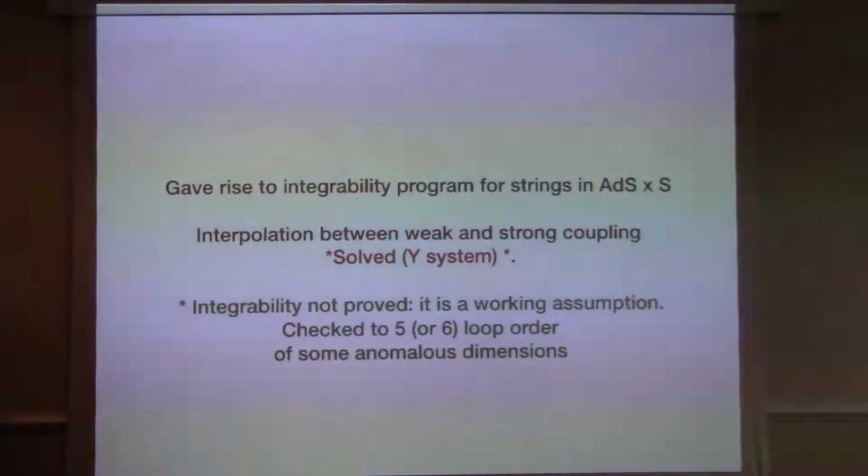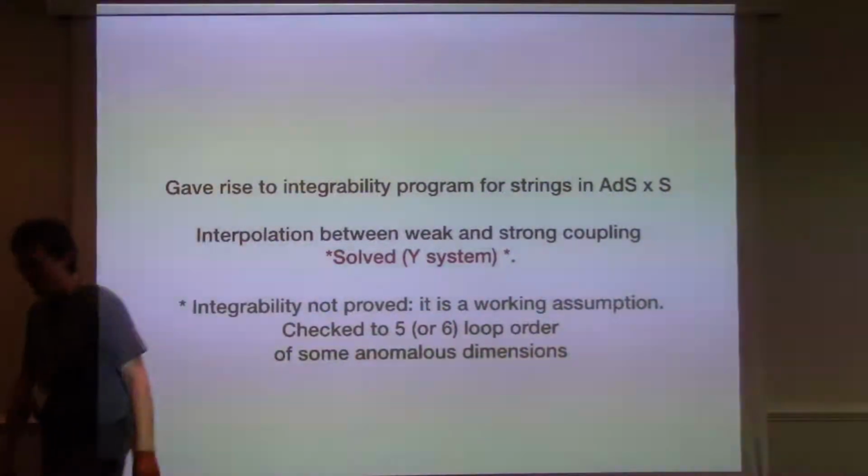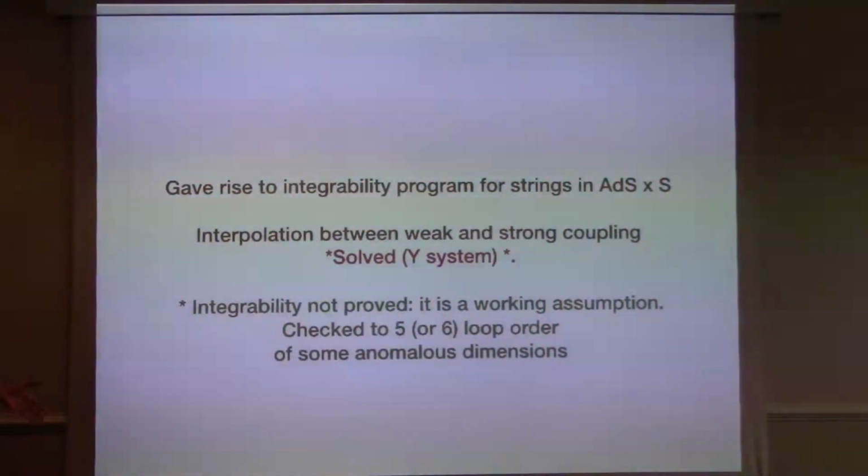So what people do is they take this working assumption and then they make predictions for various loop orders of some anomalous dimension of some operators. And then other people who know how to do these things with computers go and do 5 or 6 loop order computations in N=4 Yang-Mills on a computer. And they resum these things.